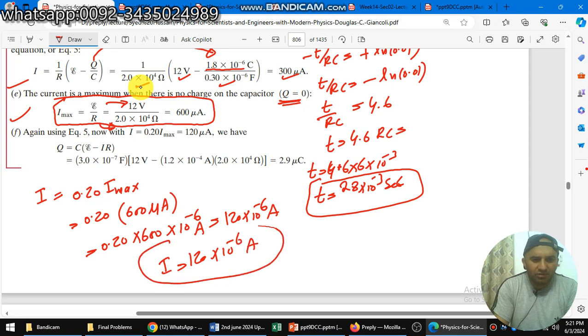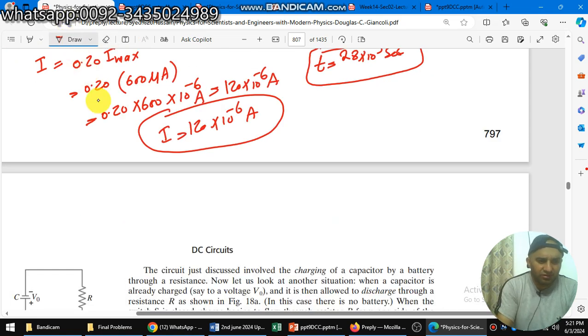Now we put this I in this equation, Q is equal to C into (E minus IR). So we have all the values.